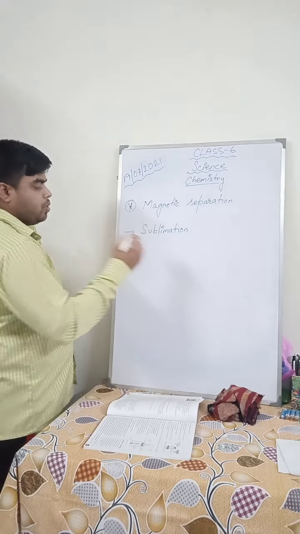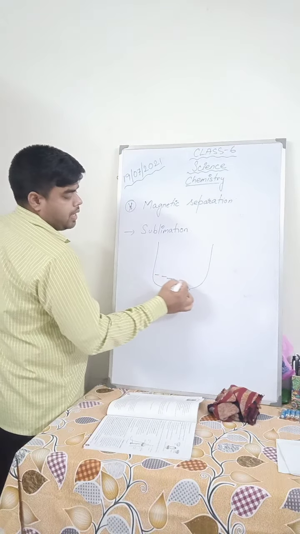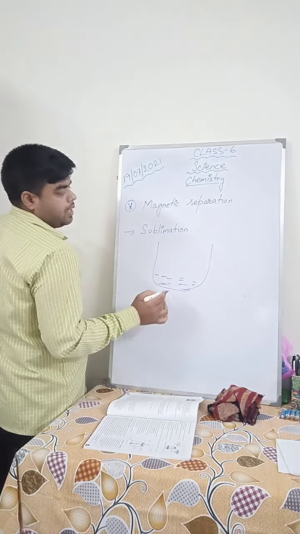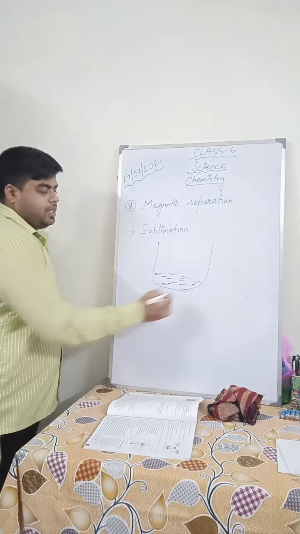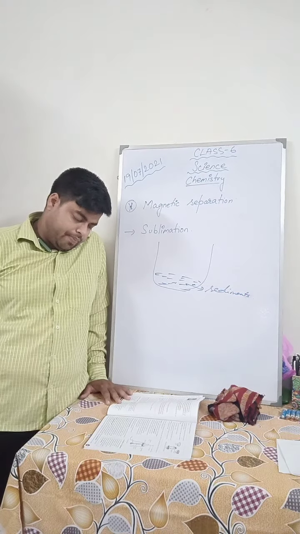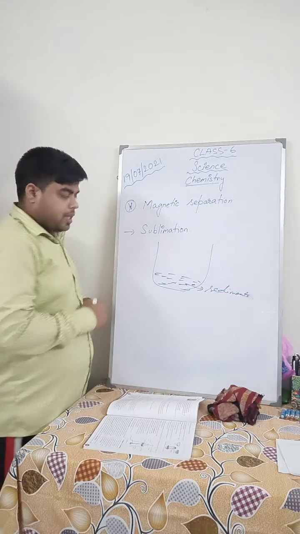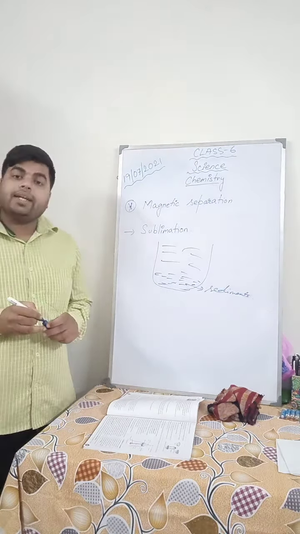So the particles that settle down, leaving the water behind, are known as sediments. In the example of the sand and water solution, sand is the sediment. The layer of clear water on top is known as the supernatant liquid.